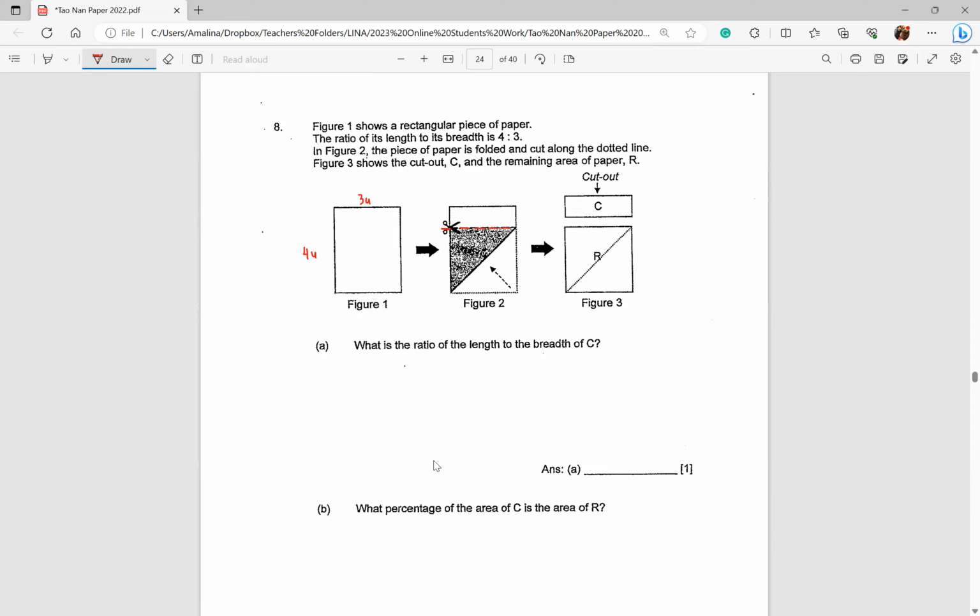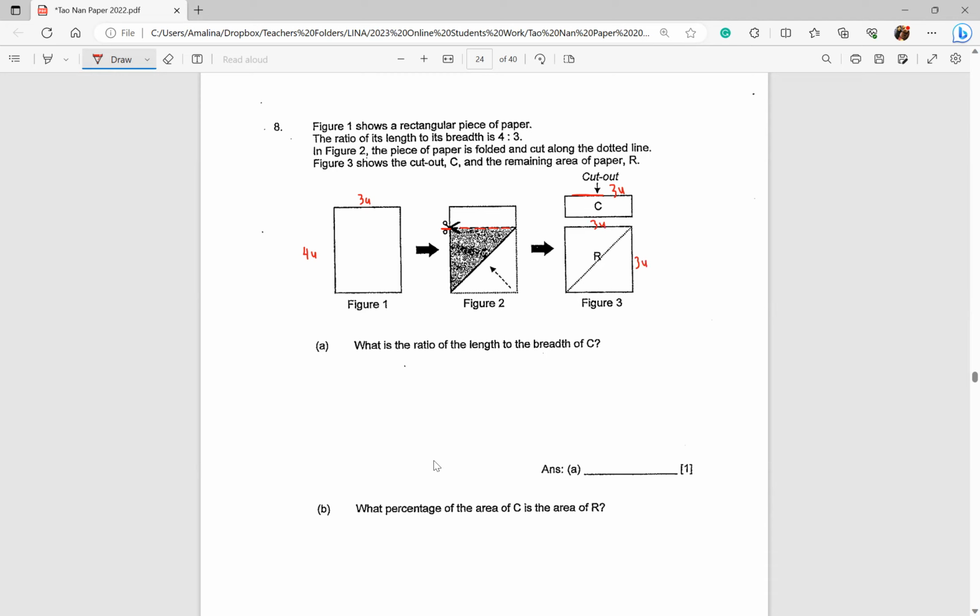Now remember, this side of your rectangle remains as 3 units. There's no change. How do you find out the breadth of your C? So if I look at this, it is a square, means that my side will be 3 units by 3 units.